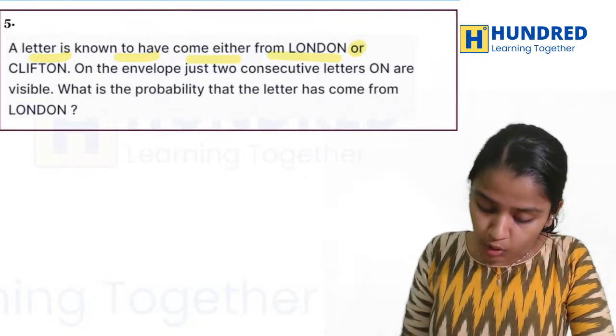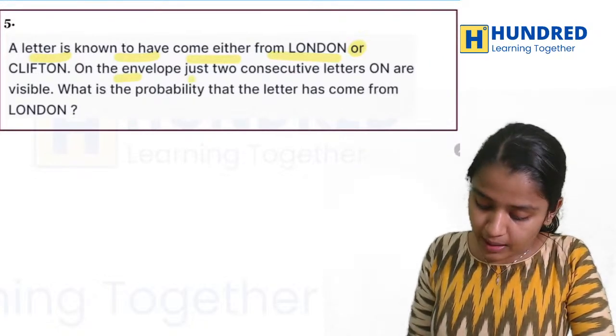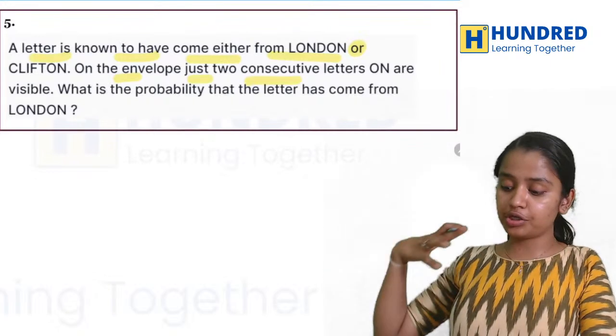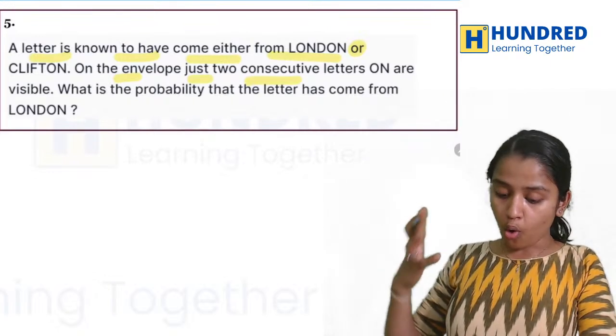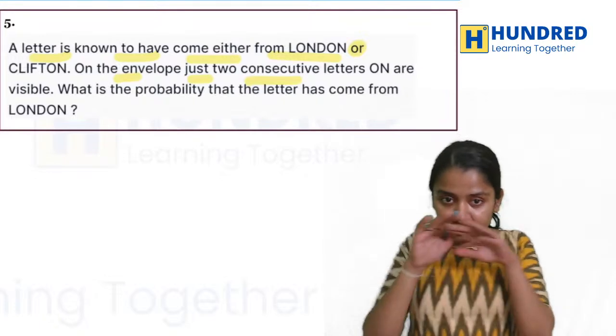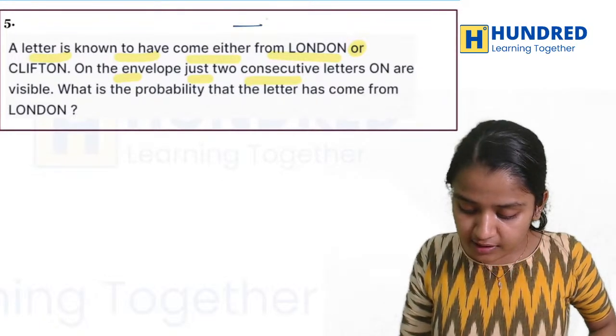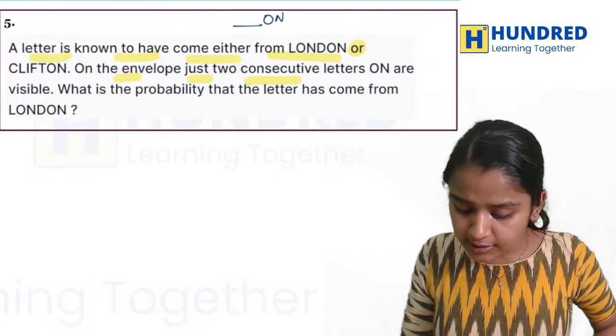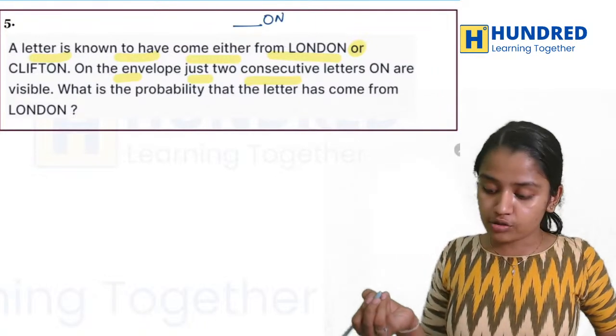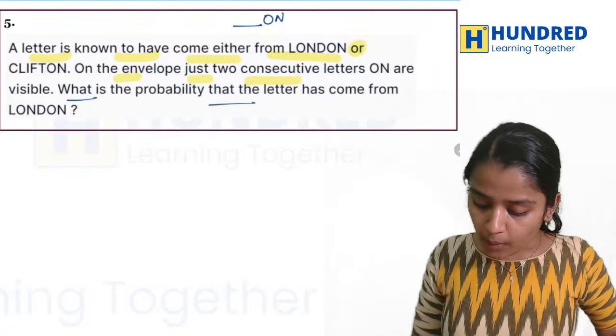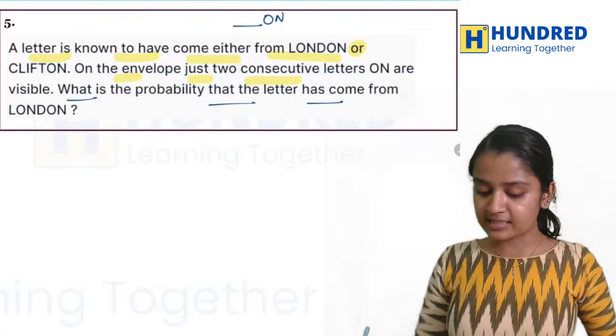Okay, now on the envelope just two consecutive letters O N are visible. So when you look at the envelope, some letter comes, and the consecutive letters are ON. What is the probability that a letter has come from London?